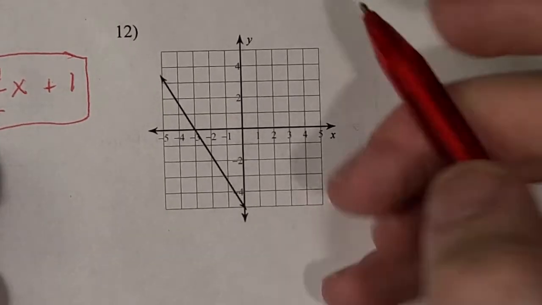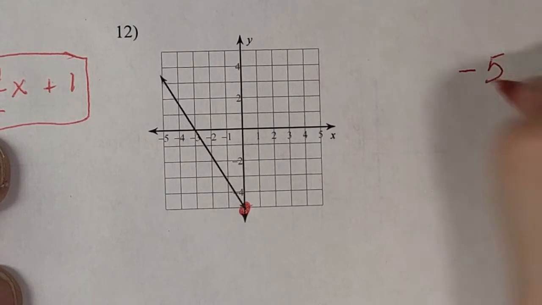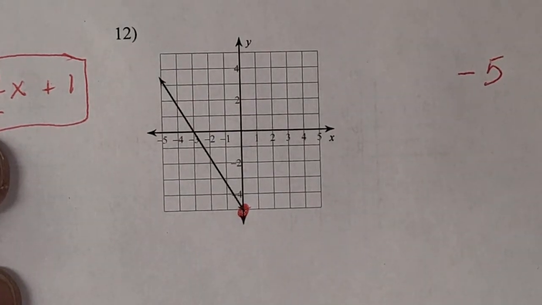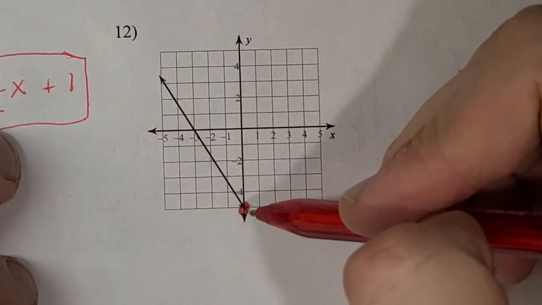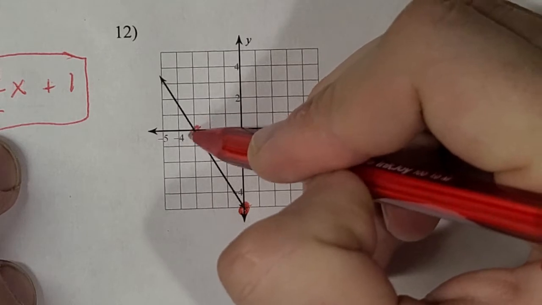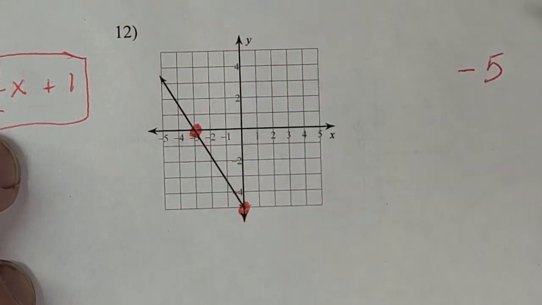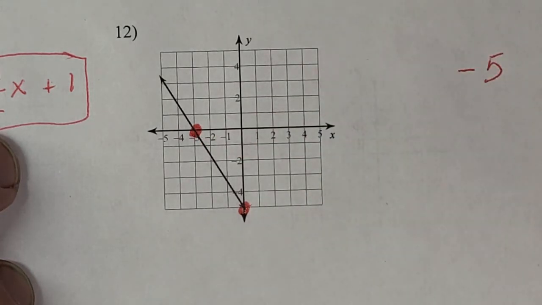Last one in this section, my y-intercept, that spot where it's touching the y-axis, is all the way down there at negative 5. And then my slope in this case, it looks like my only other nice point is right here. Okay, see how it's crossing in between those 4 boxes perfectly in the center.